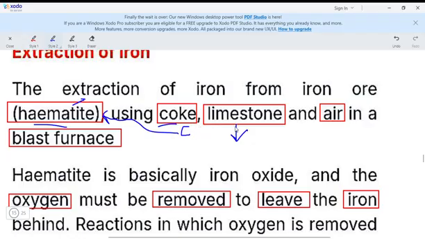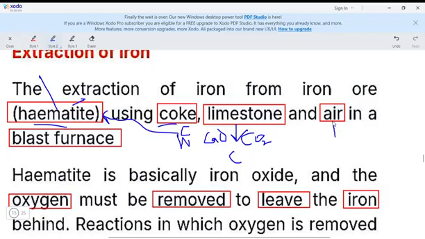That more burning will now break limestone into calcium oxide and CO2, such that the calcium oxide will be used to take up silicon oxide, the silica, to form a slag, which is the waste or the impurities, while the remaining CO2 will be reduced again by more carbon into CO. And that CO is now the major reducing agent that will finally remove the oxygen that is in the hematite to remain ordinary iron.